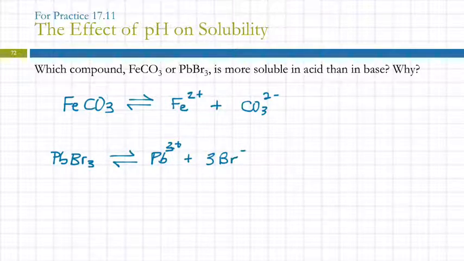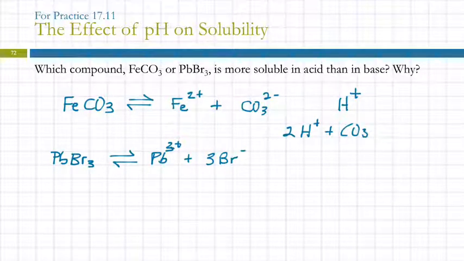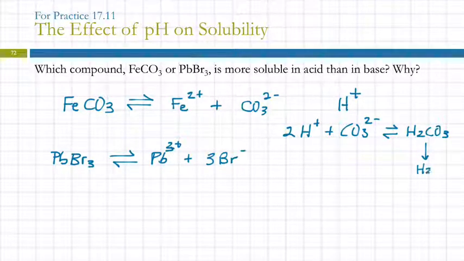So an acidic solution, that means we've got hydrogen ions, extra hydrogen ions, right? Are extra hydrogen ions going to react with carbonate? Yeah. If we get 2 hydrogen ions and a carbonate ion, that forms carbonic acid, which is a weak acid. But carbonic acid is also unstable and decomposes into water and carbon dioxide gas.